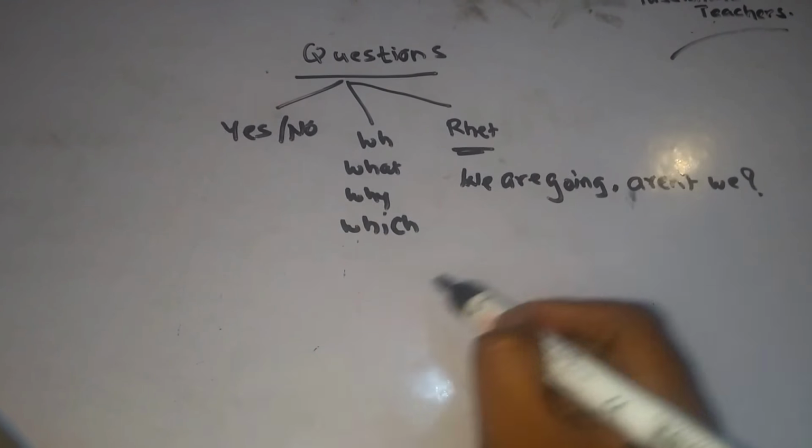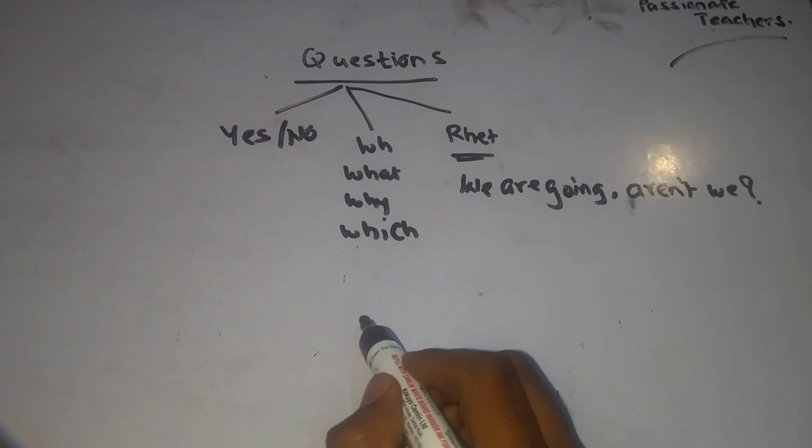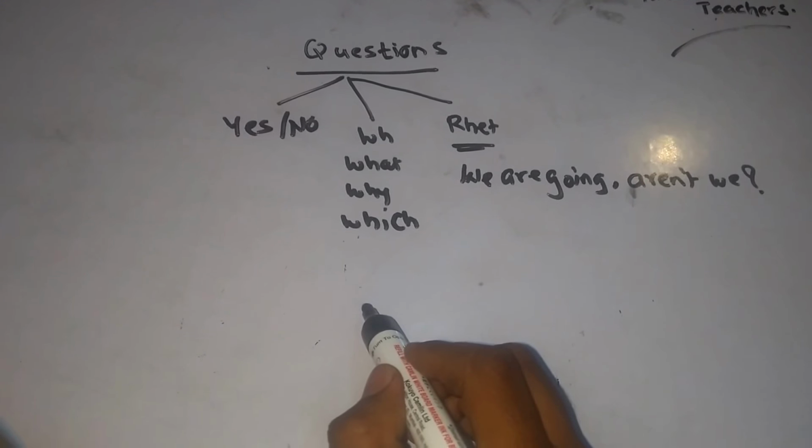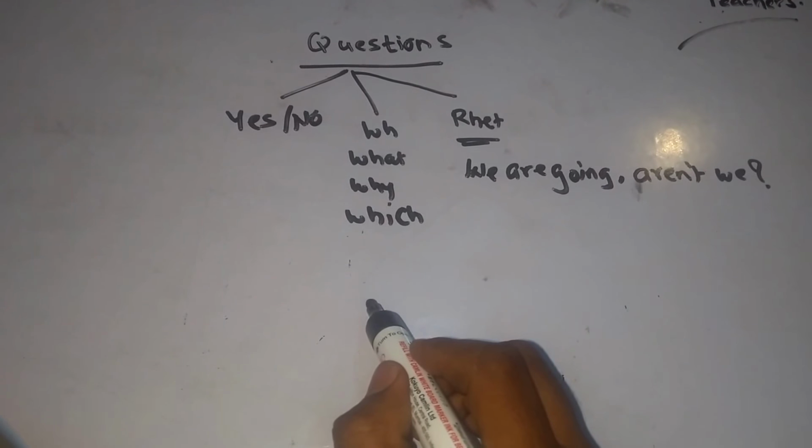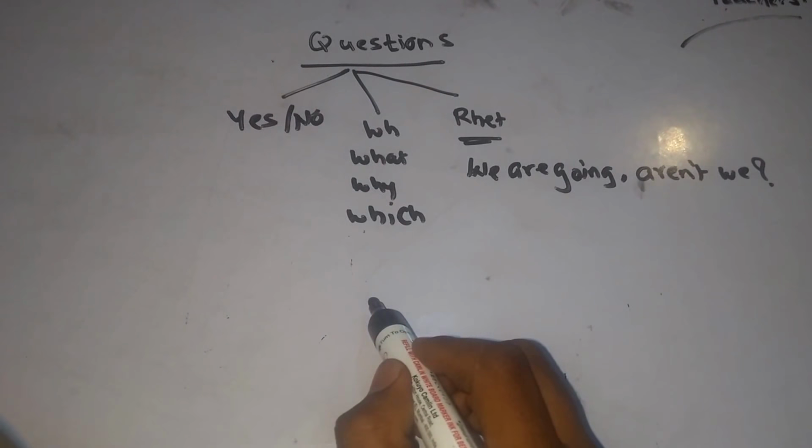So this type is called a rhetoric question. In rhetoric, we don't need any answer from the person, because it is understood; we are just asking in the form of a question for confirmation.